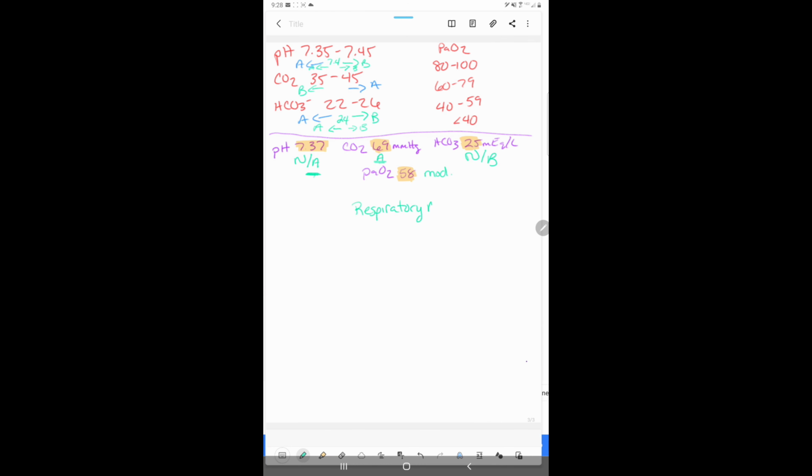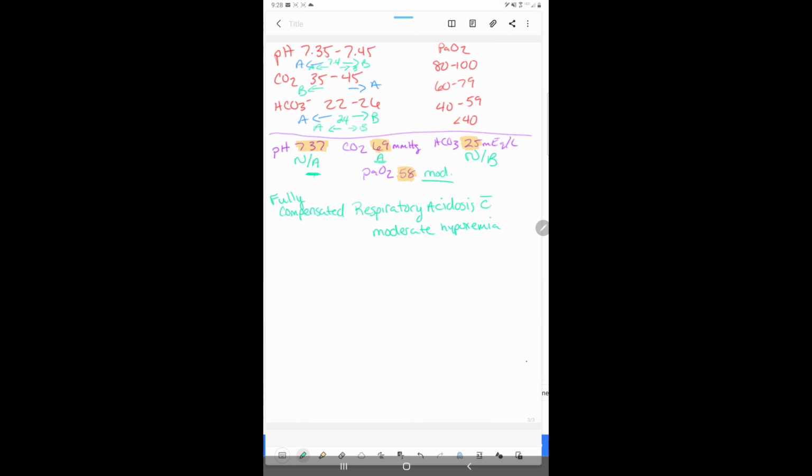It's a respiratory acidosis. All right, and I'm going to put a with. Okay, so now it is a normal pH. With it being a normal pH, we can say that it is fully compensated respiratory acidosis with what type of oxygenation problem? They have moderate hypoxemia.